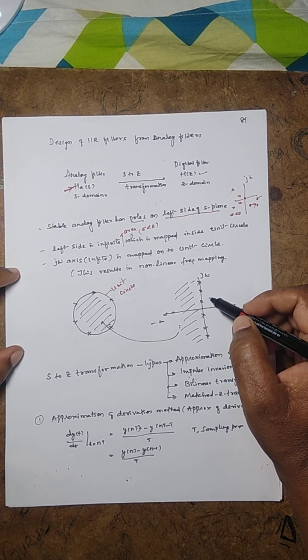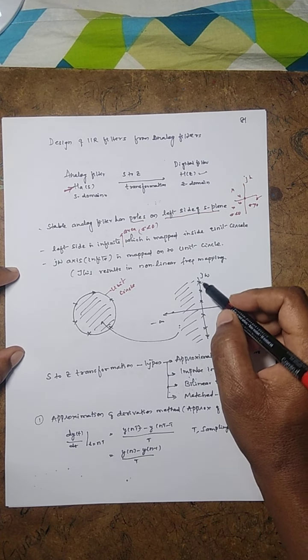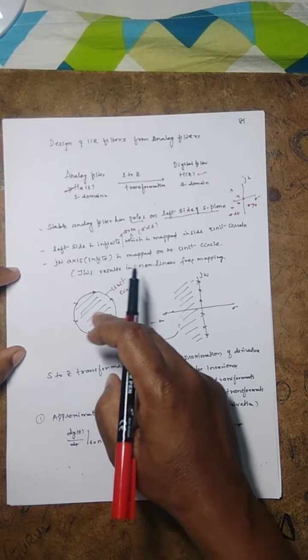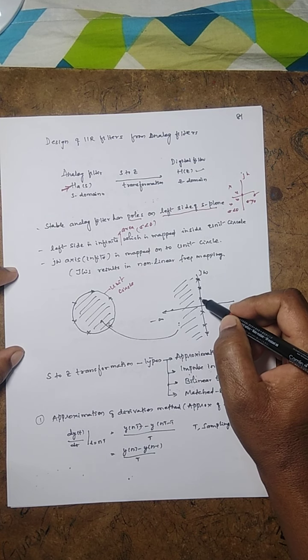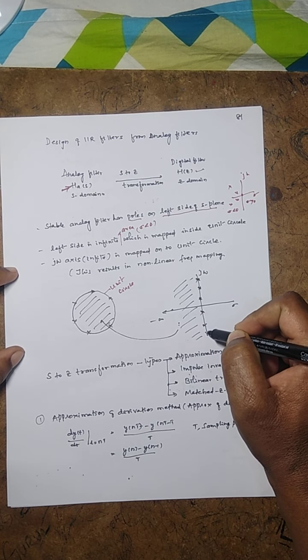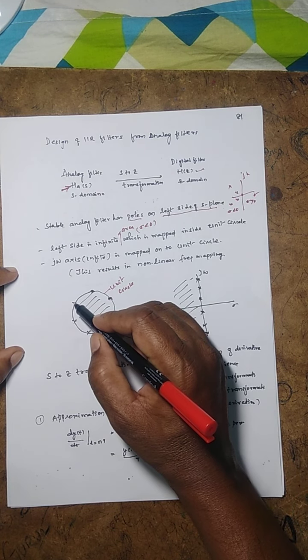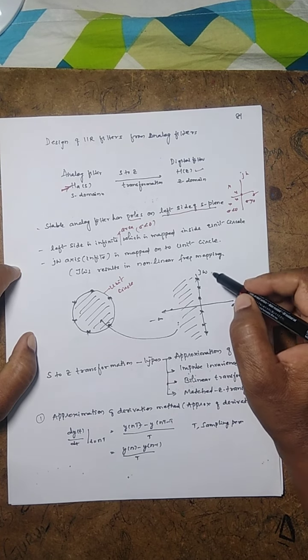Similarly, the j omega axis, this line is just made into a circle. On the j omega axis, I have shown some cross points, not the poles. The j omega axis is mapped onto the unit circle. What is the j omega axis?